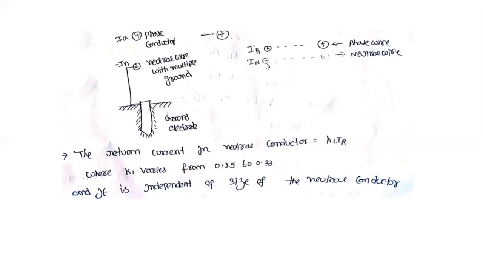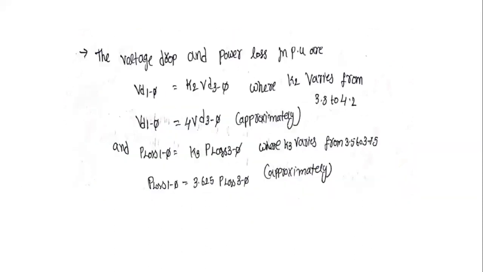The return current in the neutral conductor is K1 into IR, where K1 varies from 0.25 to 0.33, and it is independent of the size of the neutral conductor.